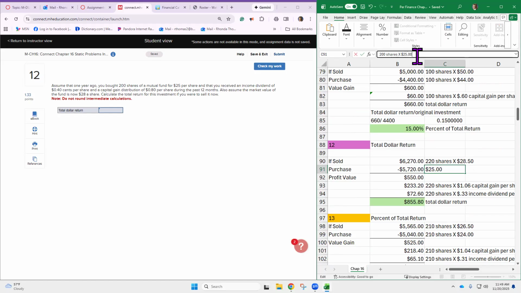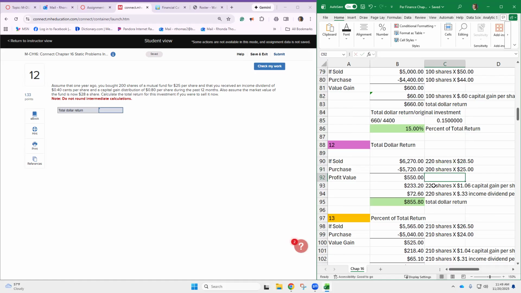So instead of just one extra, we have two extra amounts coming in because we own these shares.